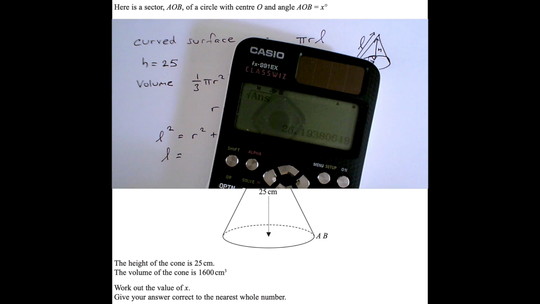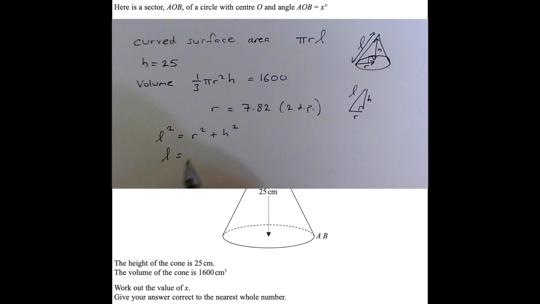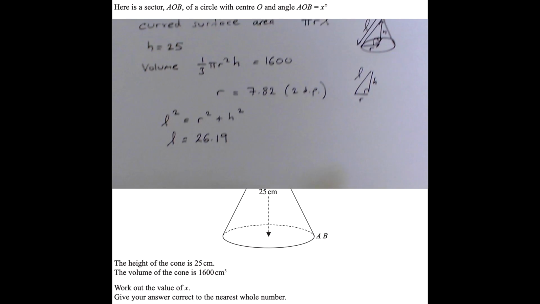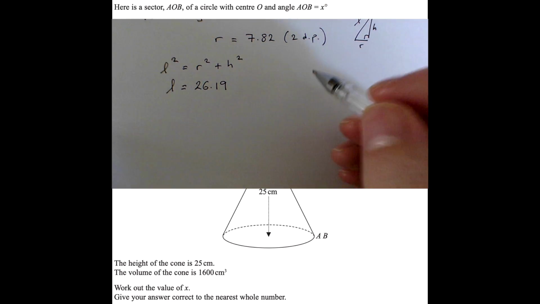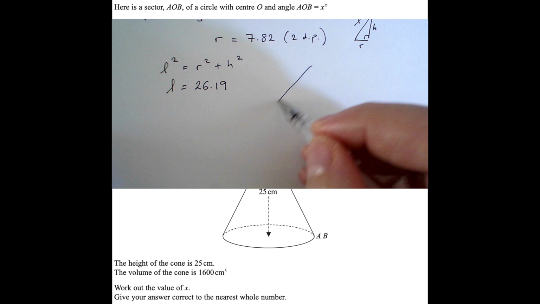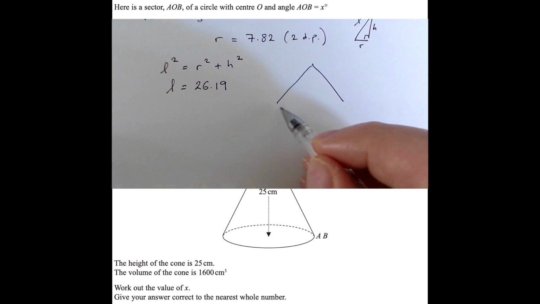If I square root that, I get an exact value for the slant height, which is 26.2 to 1 decimal place, or 2 decimal places. I'm going to put that into memory B, so store memory B, or if you've got the older calculator, shift store memory B.